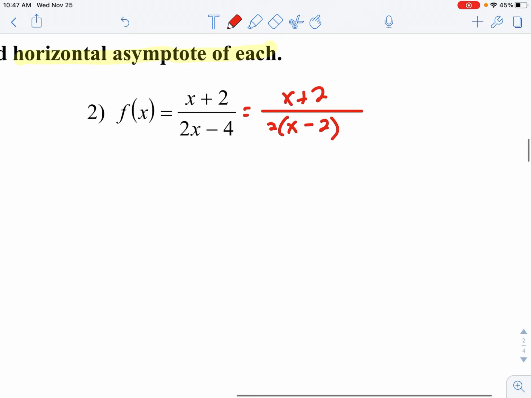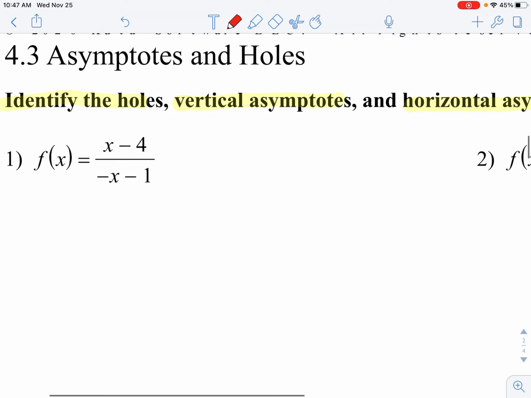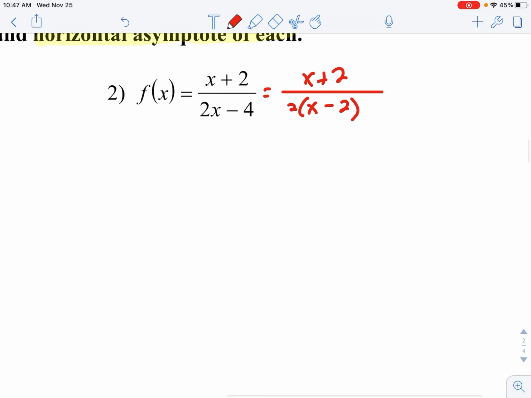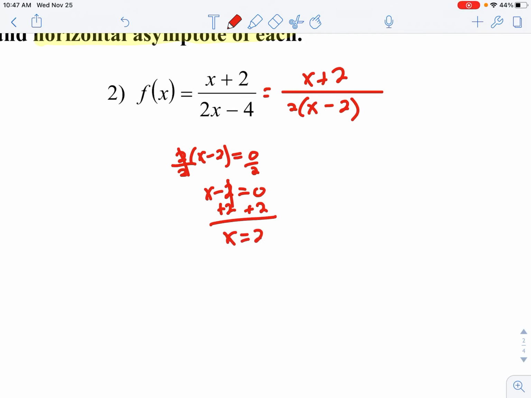All right. Let's look at holes and vertical asymptote. Set the bottom equal to 0. 2x minus 2 equals 0. Of course, that 2 you just divide. It doesn't really do anything. Add 2 to both sides. So x equals 2 is a discontinuity.